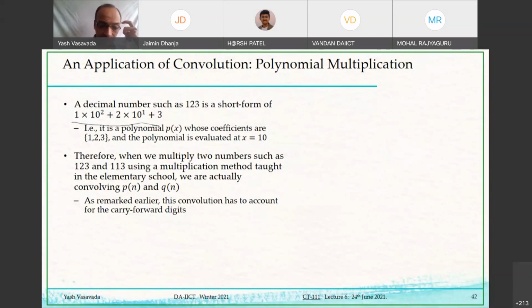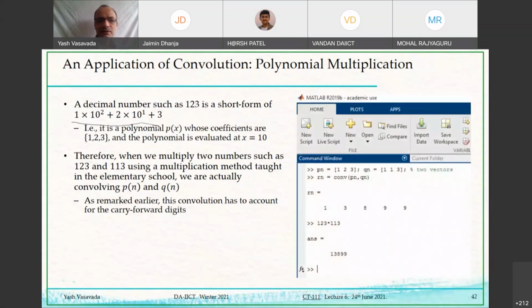But physical world doesn't have anything that is actually this 123. You can write it as 1, 2, 3, but what does it mean? Well, actually it is this polynomial where the variable is 10. And so when we multiply two numbers, we are actually doing polynomial multiplication, and then we are evaluating the value of that polynomial. And so that is why, just like what we saw earlier, the convolution can be used to multiply two numbers.